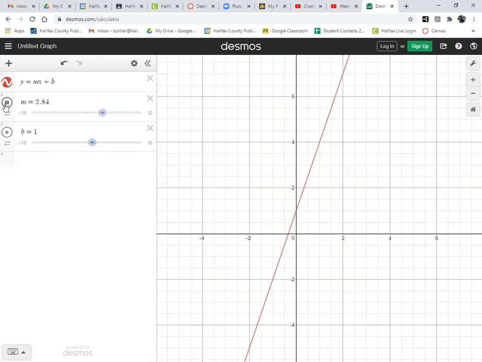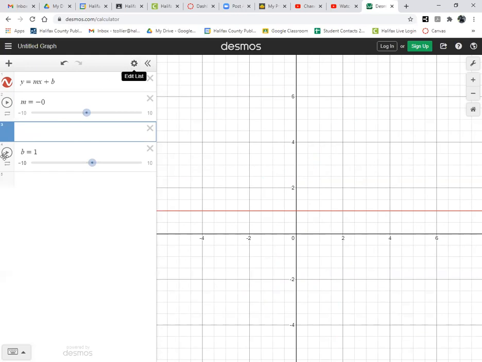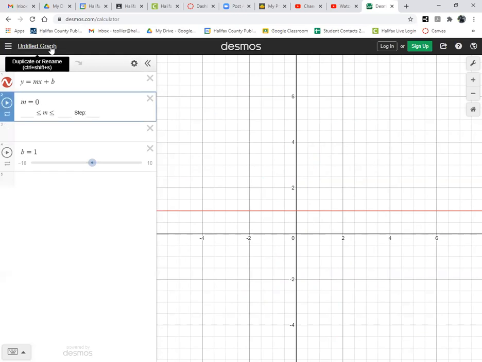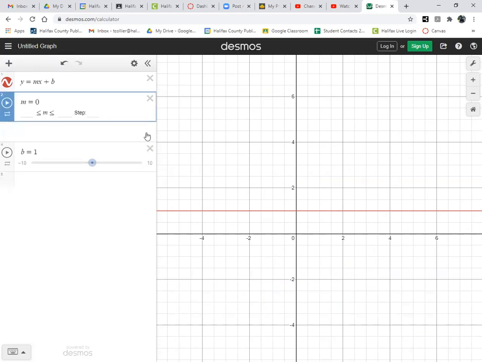So let me see if I can stop it at 0. I almost got it. But I can just type in 0, so it doesn't matter. There we go. All right, perfect. So now my line is completely flat.